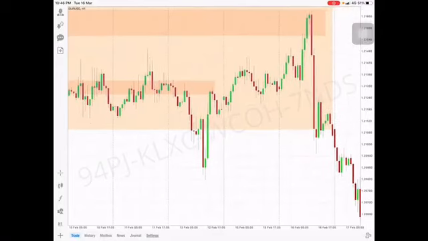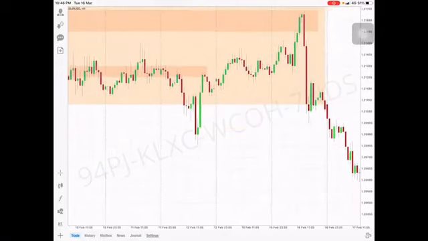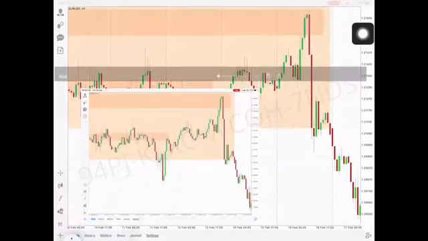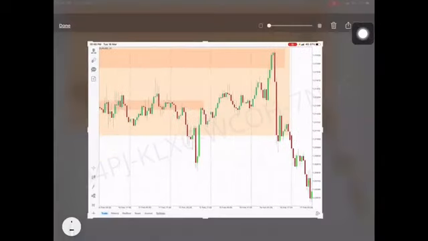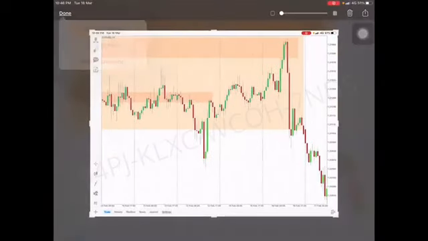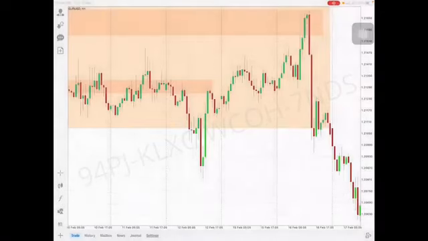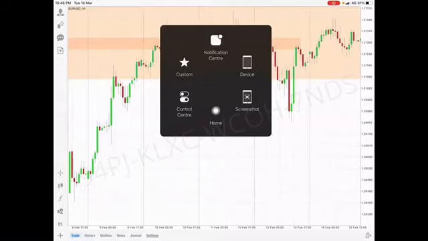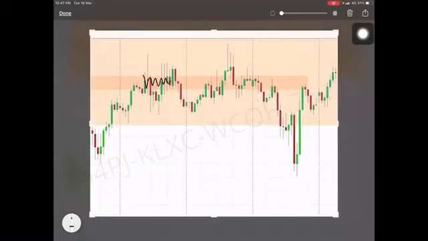So now you have 2 zones. When the price comes into the zone, it made sideways. This is H4. And then it has sell breakout.